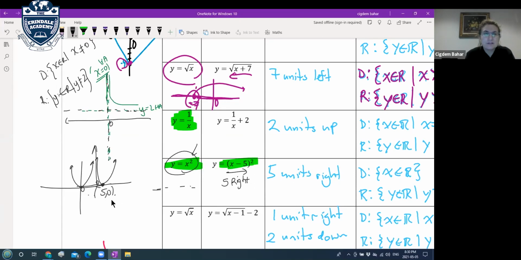So range starts from 0 and goes up. Any question?